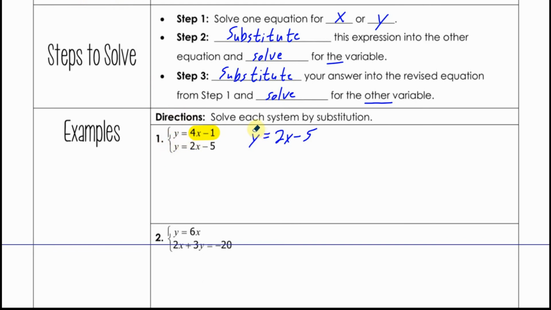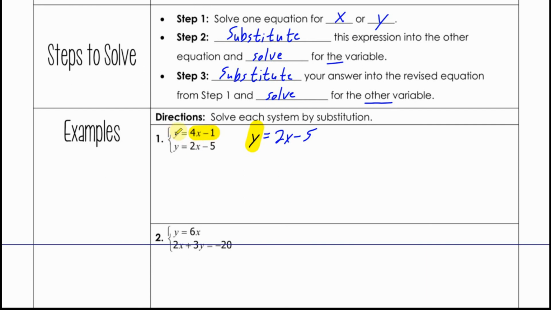So now in the place of this y, right, because this is what y equals. So if 2 things are equal, I can replace one for the other. So now I'm going to replace this y with this 4x minus 1.